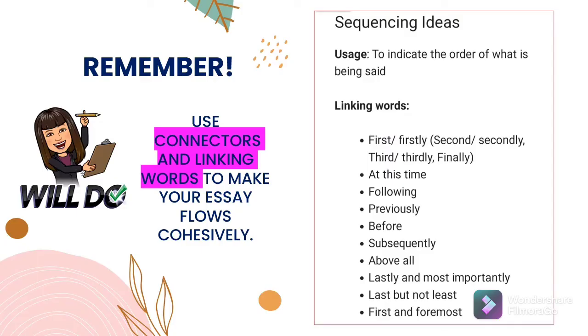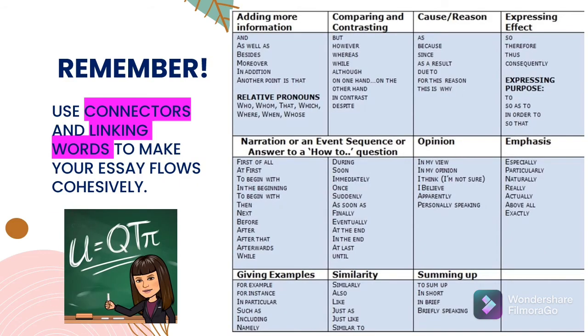Here are some examples of connectors and linking words that you can use to make your essay flow cohesively. More examples of connectors and linking words here. If you want to add more information, if you are comparing and contrasting, if you are showing cause and reasons, to express effect and also purpose, if you are doing narration or an event sequence or answering how-to questions, these are the connectors and linking words.